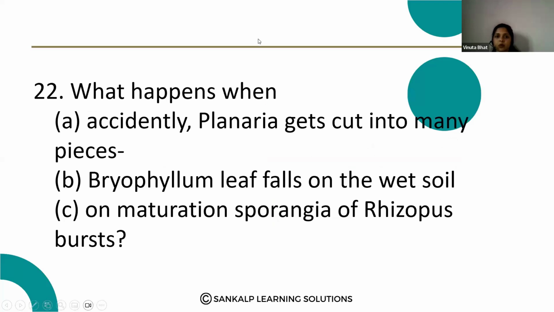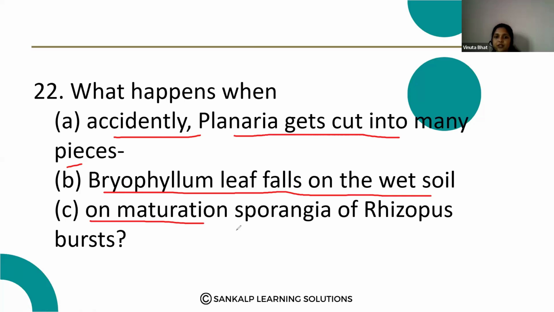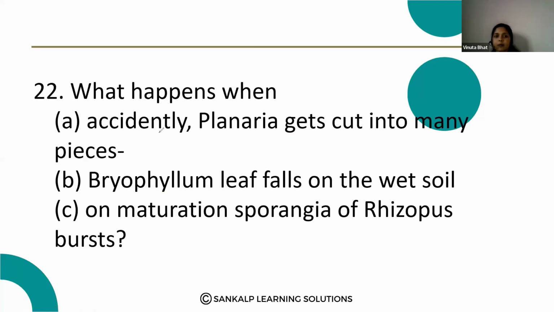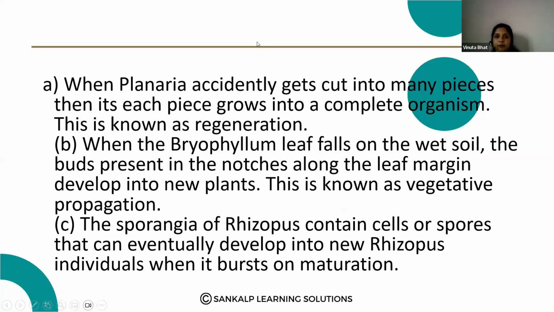Next question. What happens when planaria accidentally gets cut into many pieces, when a Bryophyllum leaf falls on wet soil, and when the sporangia of rhizopus burst on maturation? Here, when planaria accidentally gets cut into many pieces, it reproduces through regeneration.